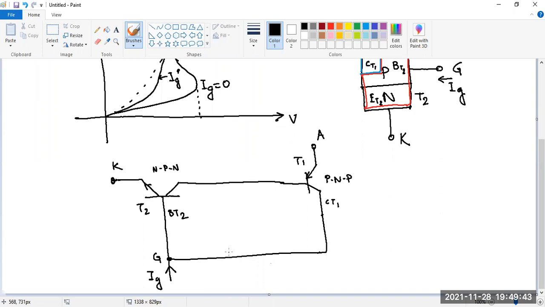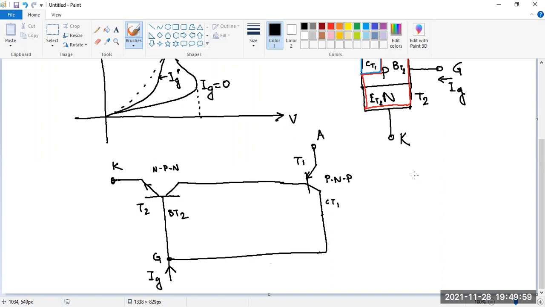Okay, now we'll try to analyze the transistors one by one. Let us take the PNP transistor first, because that is transistor 1. So one common expression for the transistor is what?